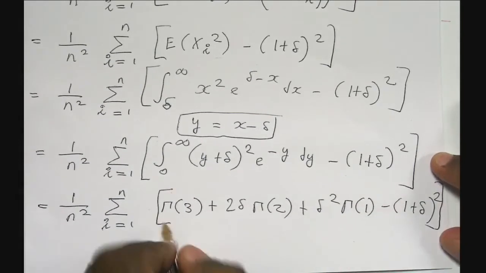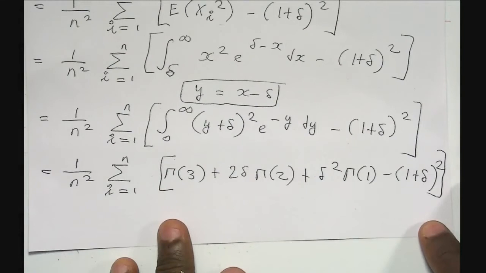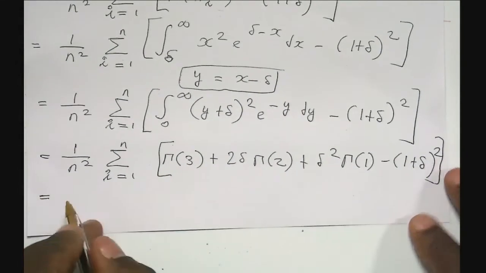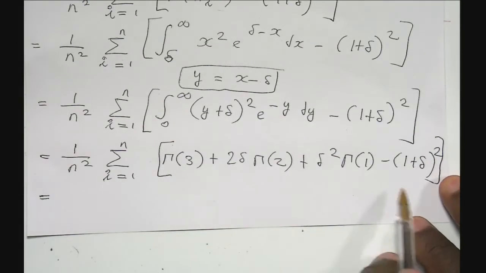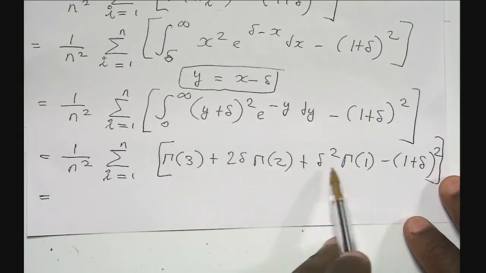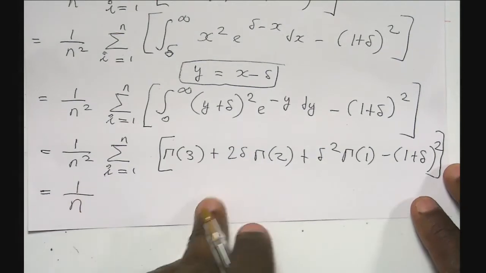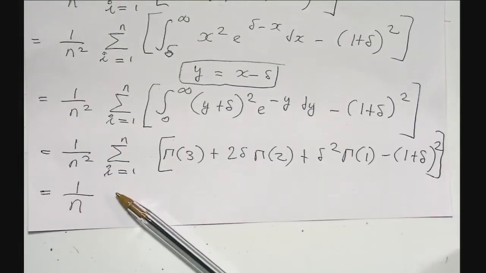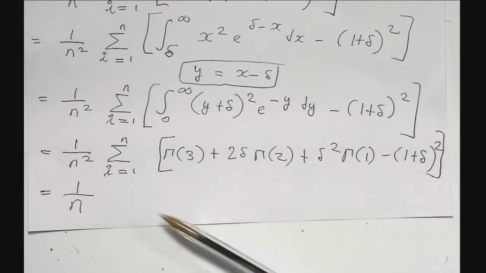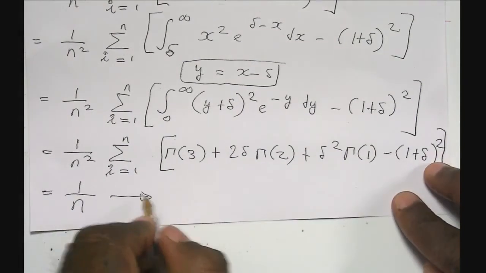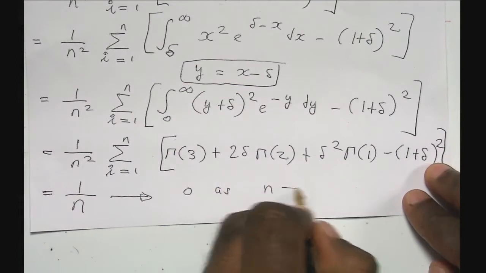This is what you will get, right? And if you simplify this, unless I made some errors, this will be equal to 1 over n. Correct me if I'm wrong, but this is what you will get, I think. And this approaches 0 as n approaches infinity.